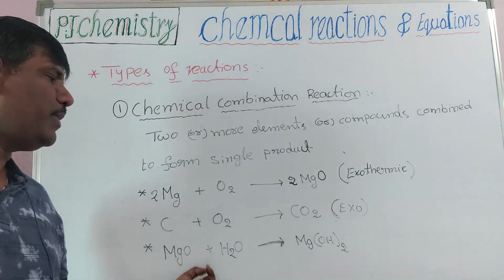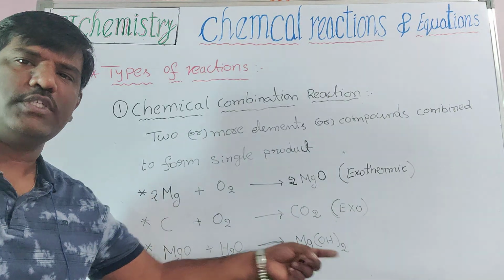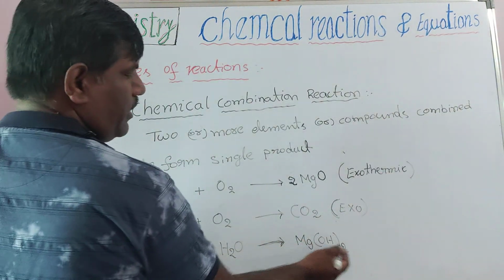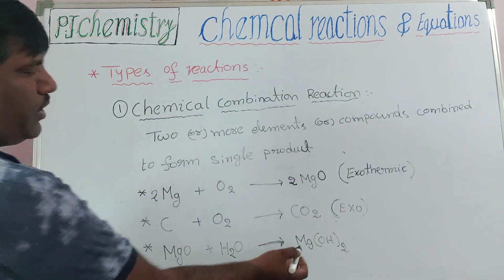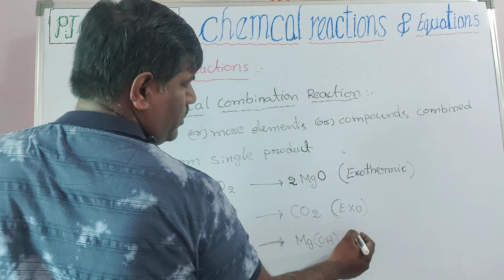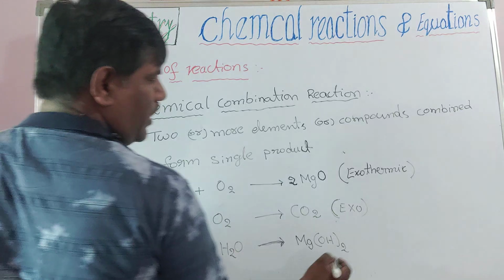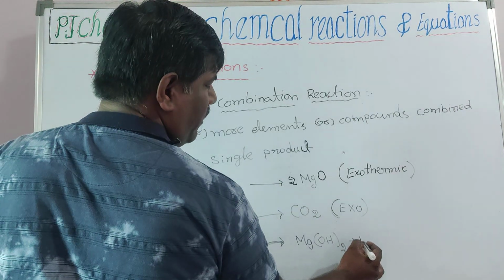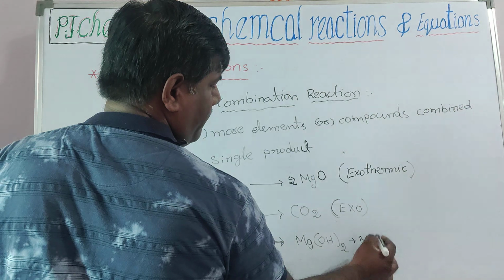Two compounds combine to form a single product, magnesium hydroxide, Mg(OH)2. Another name for this is milk of magnesia.